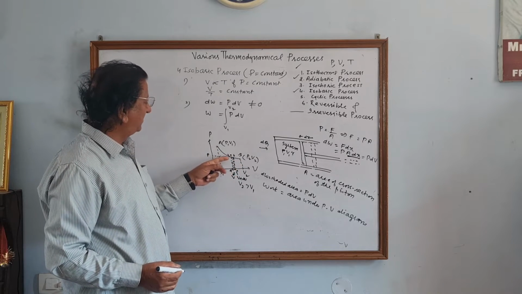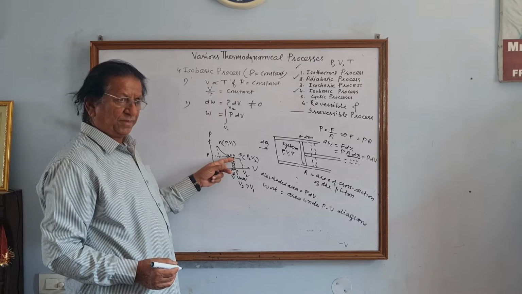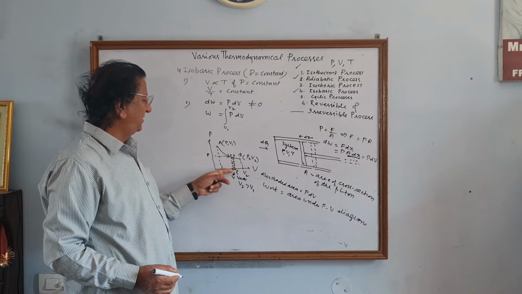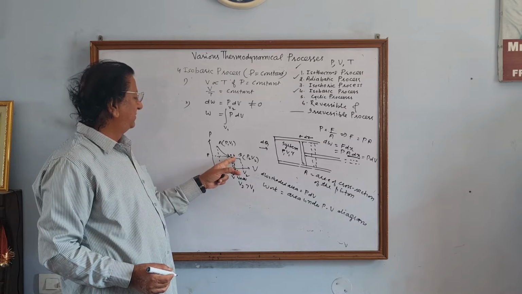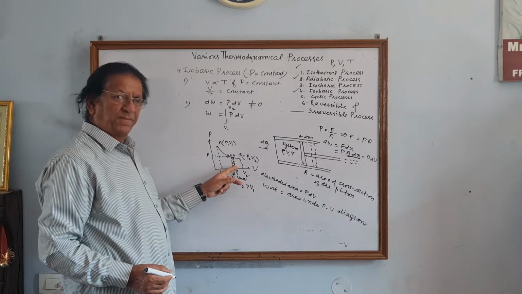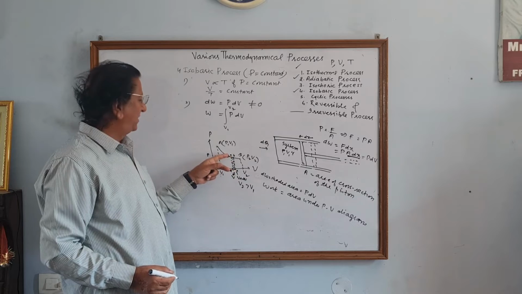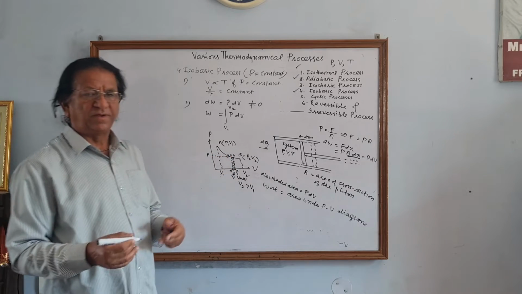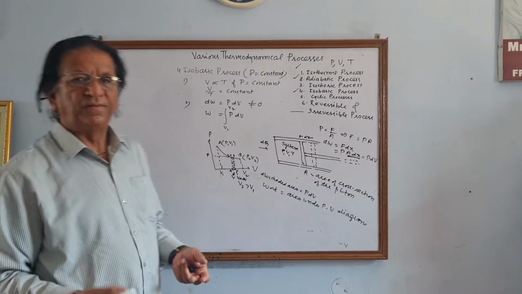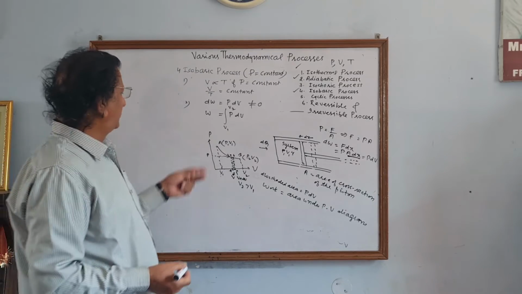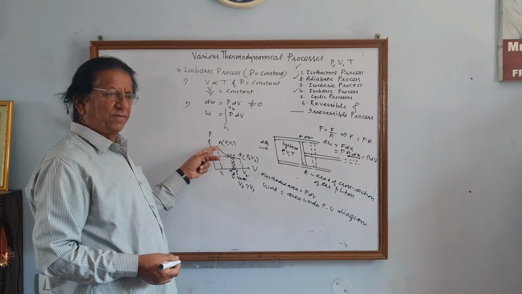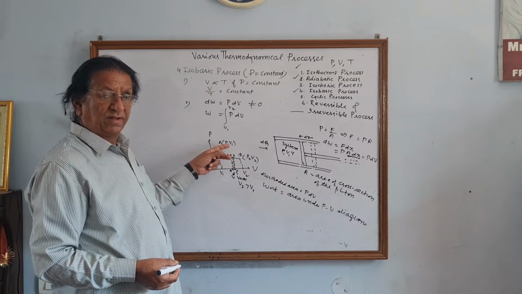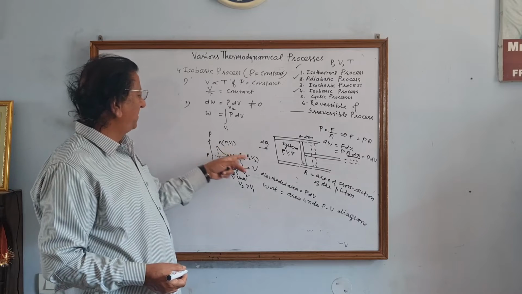As you have taken a small portion AB, the work done is the area under AB, that is area A, B, C, D. Similarly, you take another part of the graph on this side, keep on adding this small work, then you will get the total work done by the system when the system is taken from state A to state B with a large increase in volume from V1 to V2.